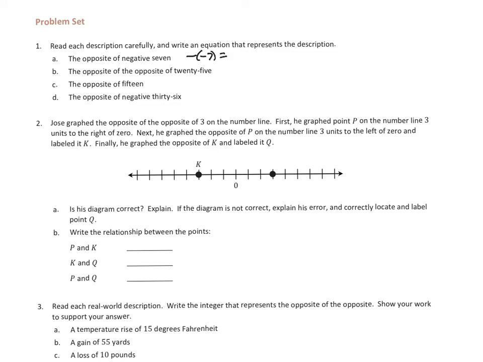Then the opposite of the opposite of 25, and then the opposite of the opposite of 15. So the opposite of the opposite of 15 equals, and the opposite of the opposite of negative 36.